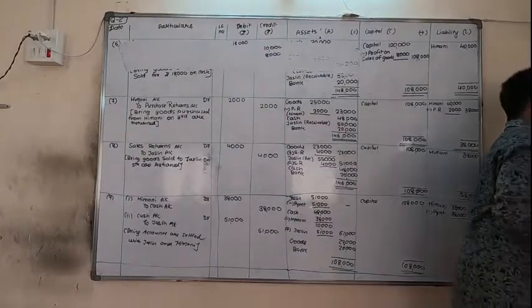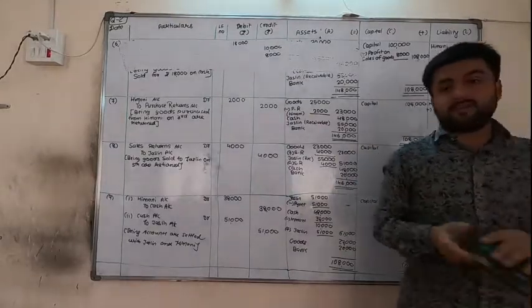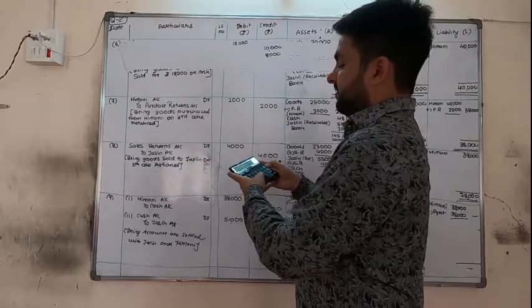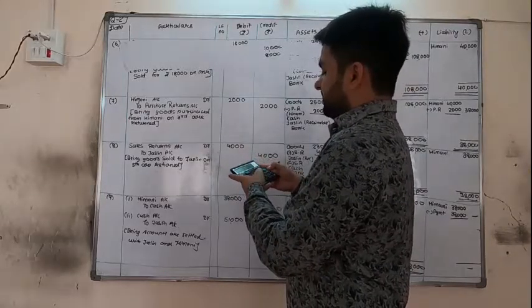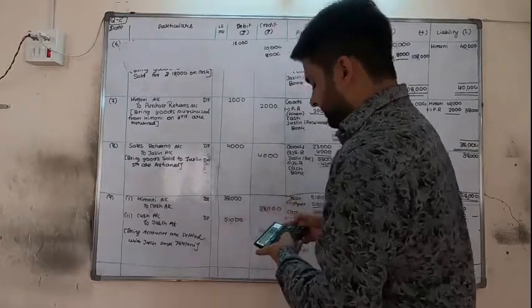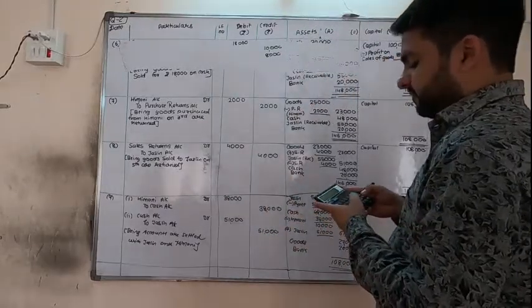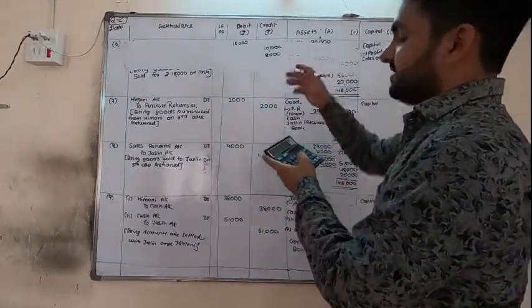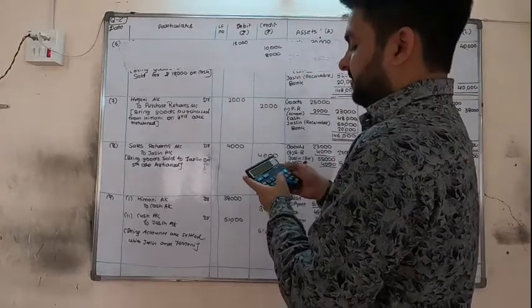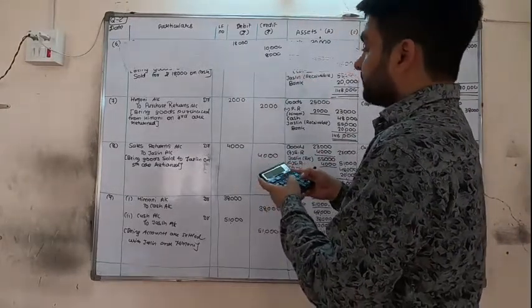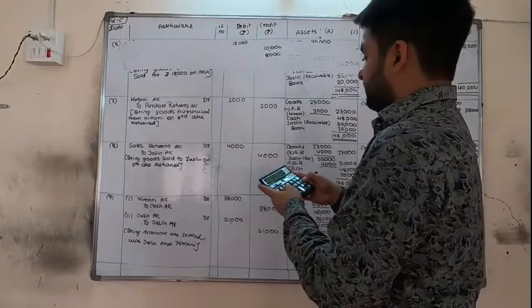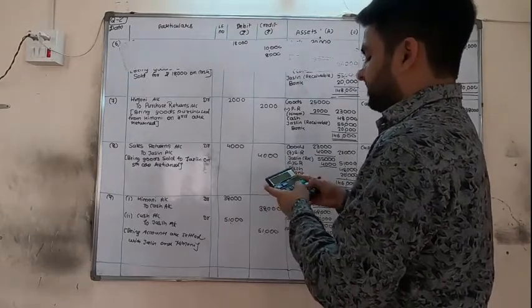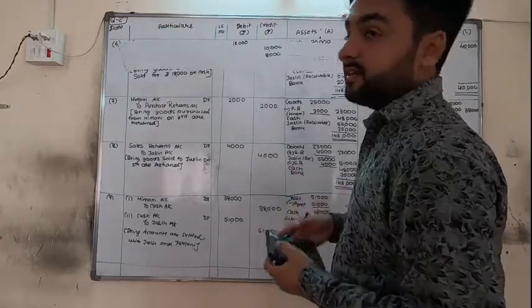Now see, total till fifth transaction was 2,25,000. Now continue. 2,25,000 plus 18,000 plus 2,000 plus 4,000 plus 38,000 plus 51,000. 338. Again we will check here also. 2,25,000 plus 10,000 plus 8,000 plus 2,000 plus 4,000 plus 38,000 plus 51,000. 338.